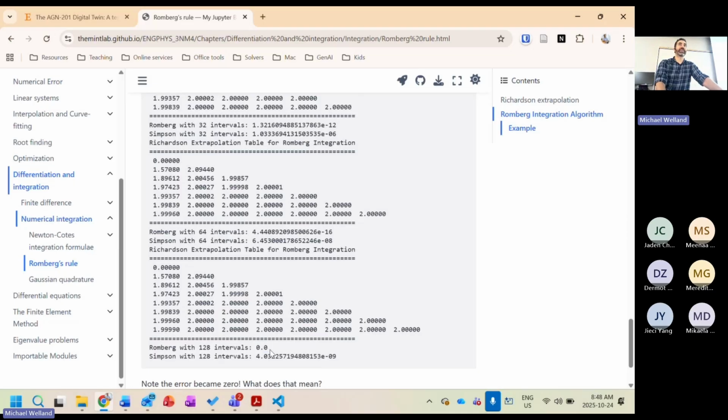Have we found the exact answer? What have we found? This is on the midterm, not this question in particular. So first of all, look back in time. This with 64 intervals, blah, blah, blah, you have something to the power of -16.